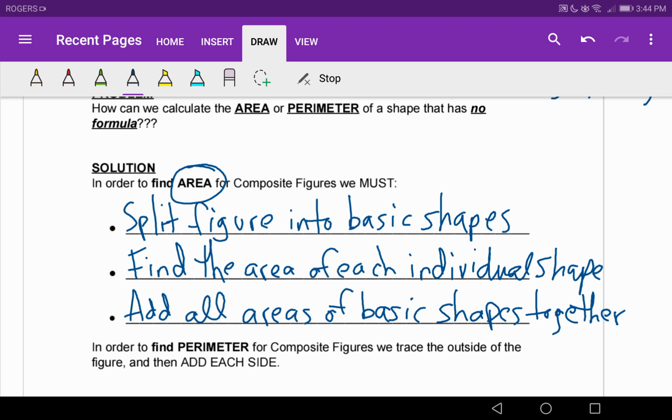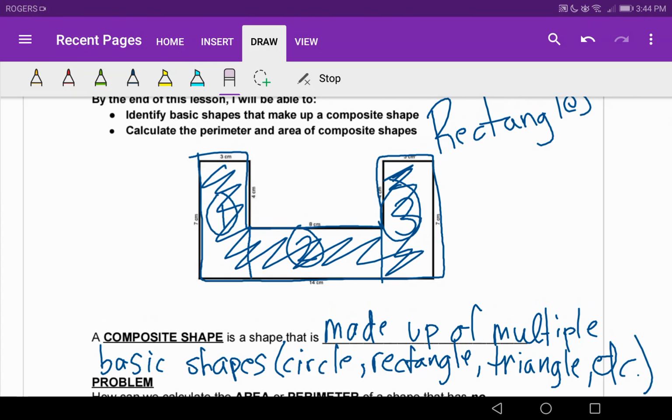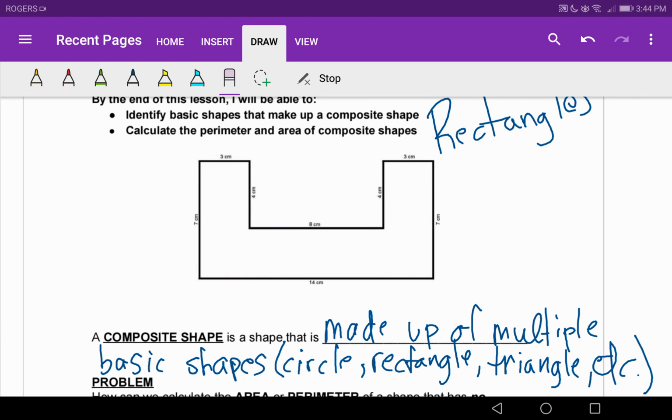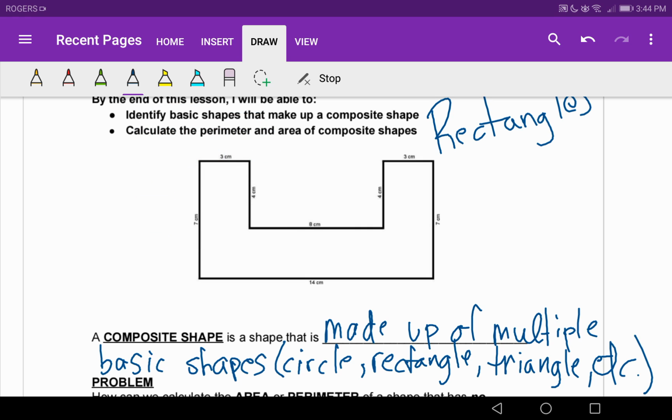Now, when you're finding the perimeter for composite figures, breaking up the shapes really isn't as important. If I take you to the example above here, and let me just erase this to kind of make this a little bit cleaner. If I take this example, if I'm finding the perimeter of this shape, do I really need to break this up into different shapes to find the boundary around this shape?